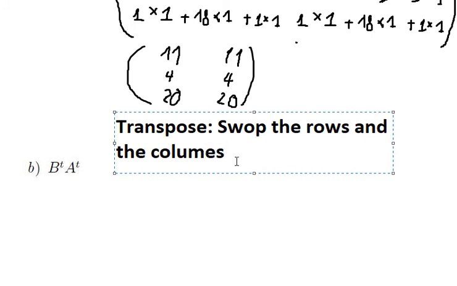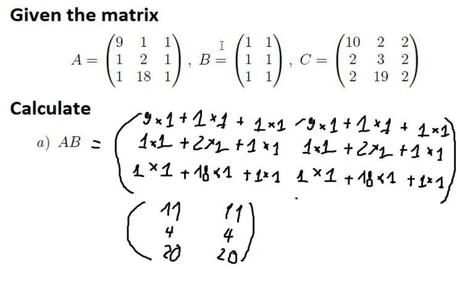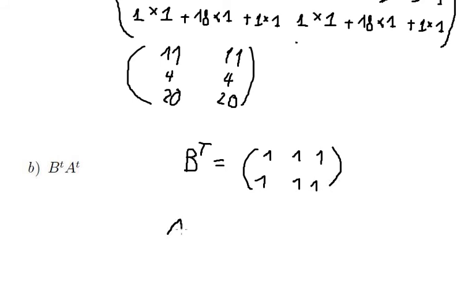So in this situation, about B with transpose in here, you will have like this. About A, that should be like this.